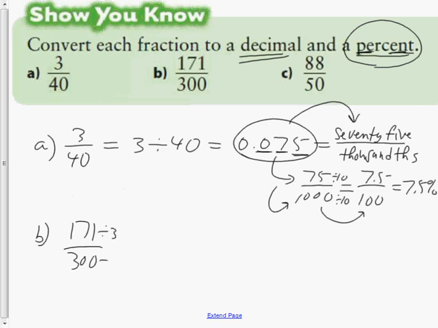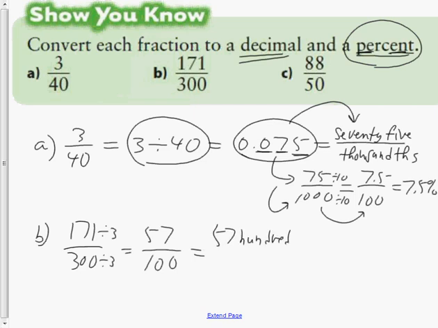So because it's divisible by 3, I can right away make 57 over 100, an equivalent fraction to 171 over 300, without having to do division. Once I have it that way, I read it as 57 hundredths, right?